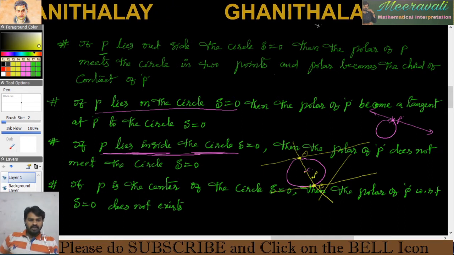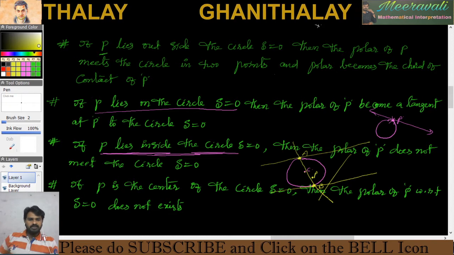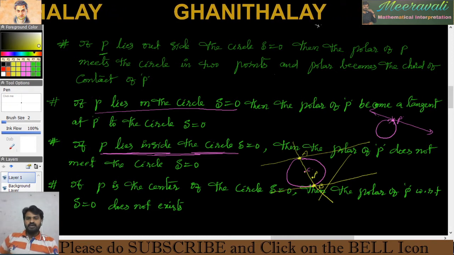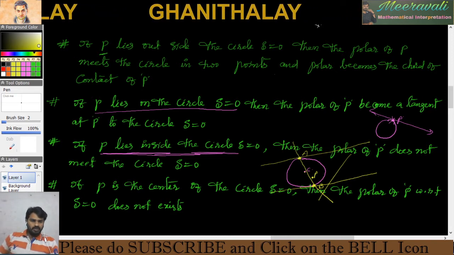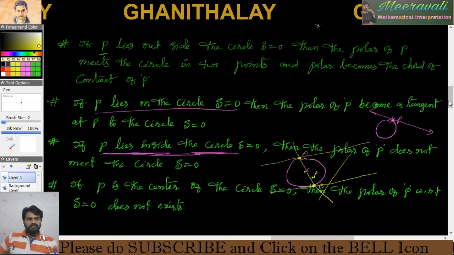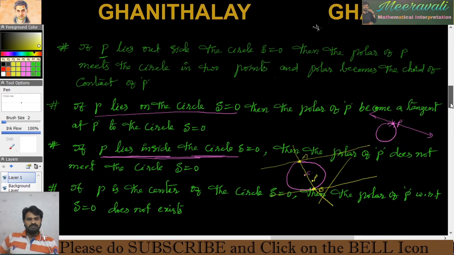So in this case the polar does not exist. These are the different forms of the polars by taking different positions of the point with respect to the circle.